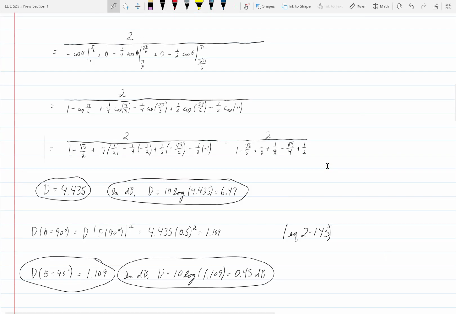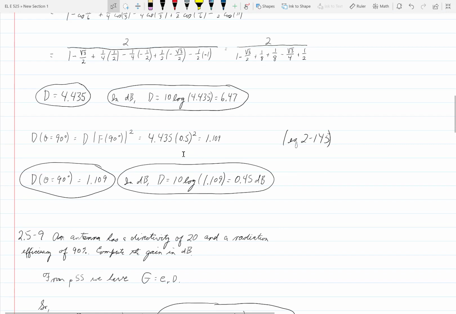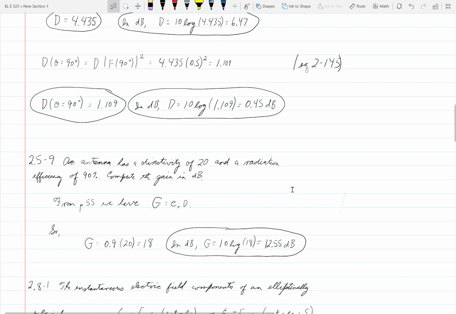So we come back down here and we will have 0.5, and remember it's supposed to be squared, so we get 1.109, and so the directivity in the direction theta equals 90 degrees is 1.109, or if we want it in dB, we take 10 times the log of 1.109, or 0.45 dB.